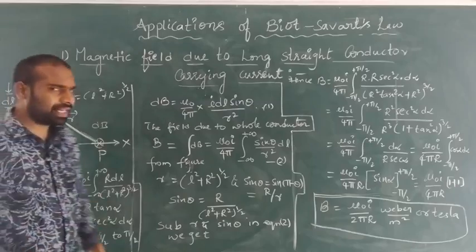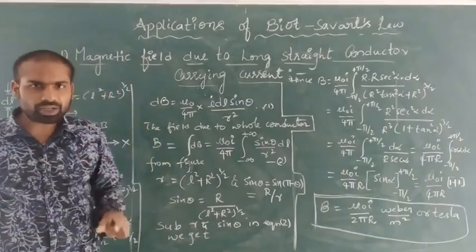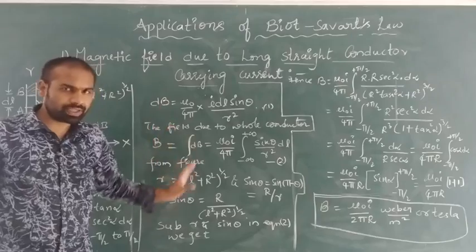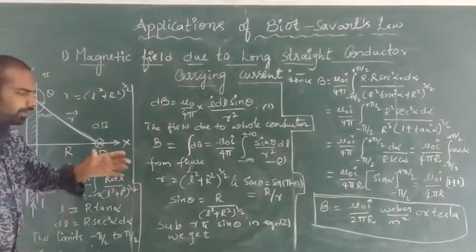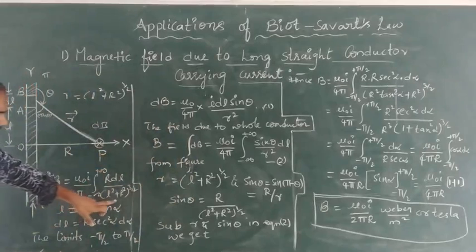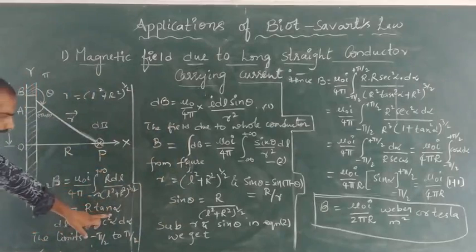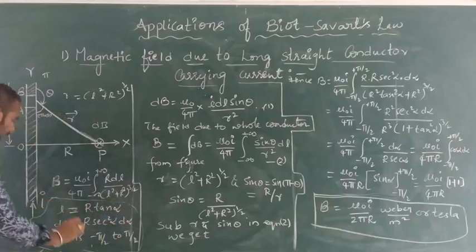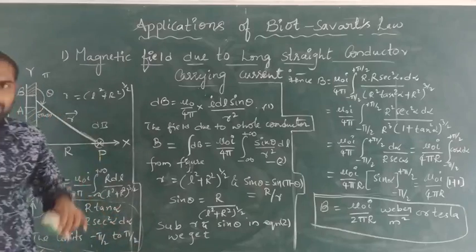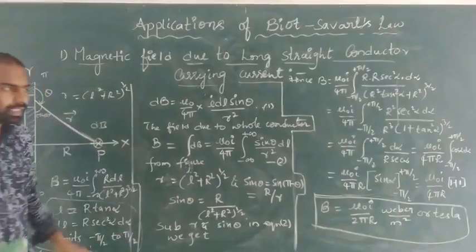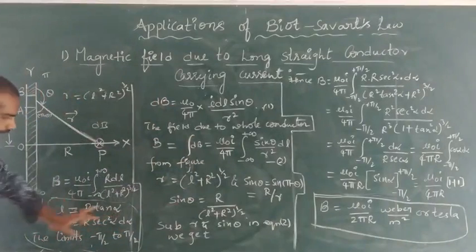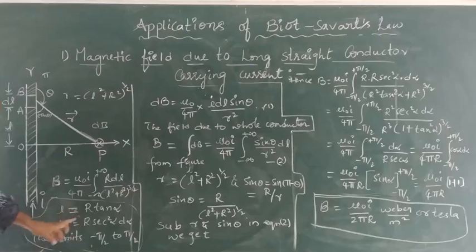Now for further calculations, we will consider some substitutions to solve this integration equation. To simplify this equation, in place of small l, we take R tan alpha. These are the considerations we are assuming for simplicity in this derivation. Now differentiate: dl is equal to, what is the derivative of tan alpha?